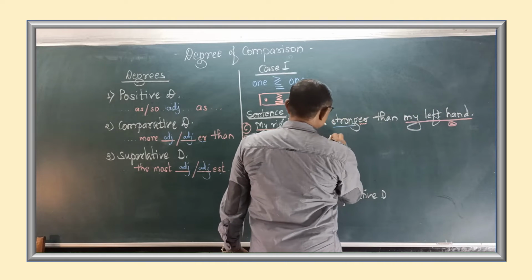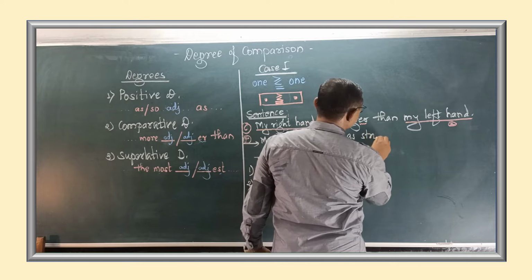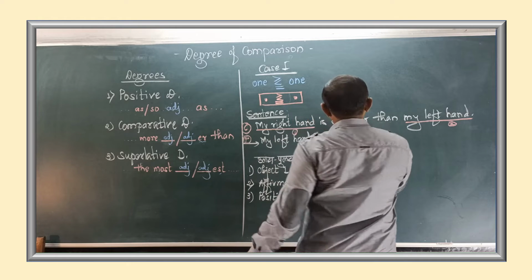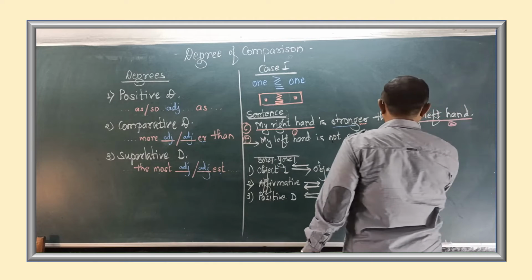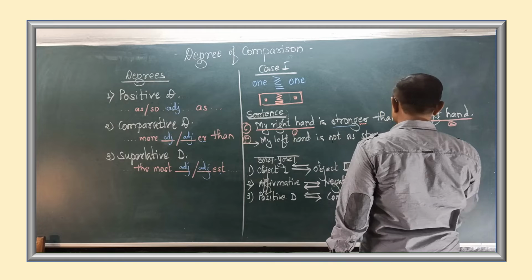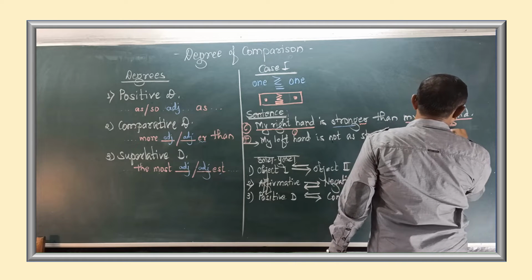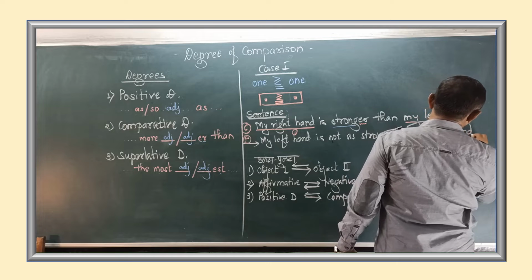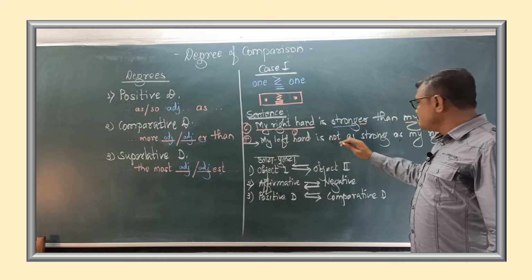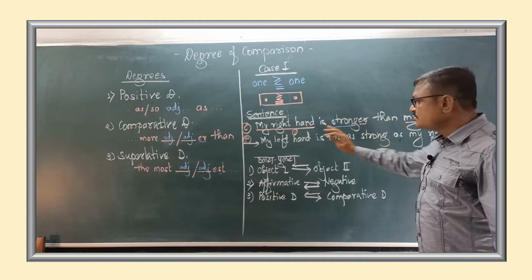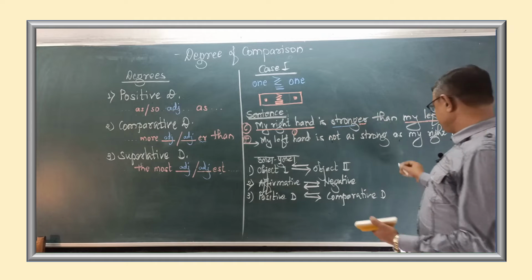Is not as strong. Here you are given stronger, it will become strong. As strong as my right hand. Automatically, using this structure, you have changed the comparative sentence into positive one.